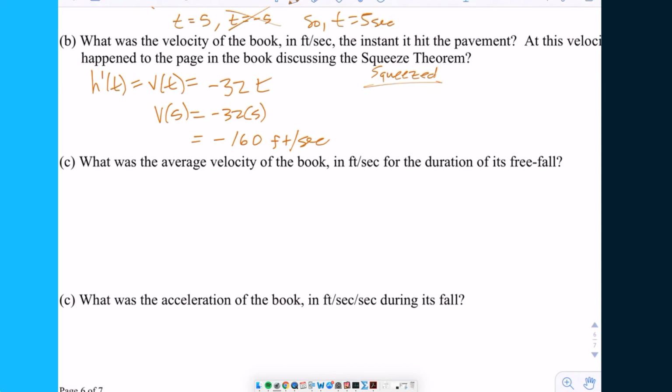What was the average velocity of the book in feet per second during the duration of its free fall? Now, notice what type of velocity it's asking us? Average. Do we need calculus for average velocity? No, because what other word starts with average? Like algebra. Good. So for average, you don't need calculus, you need algebra.